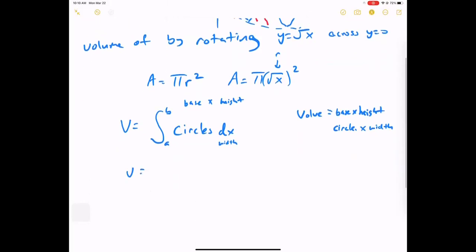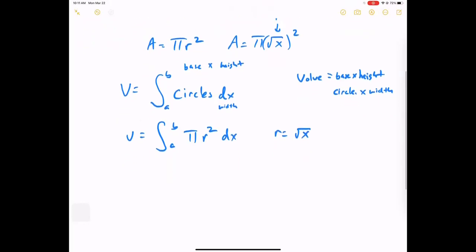Let's go ahead and write it. Volume is equal to the integral from a to b of pi r squared, which are circles, and then dx here. Again, the variables are not the same, so we're going to change r. R in our problem was the square root of x, because that's the distance from the axis of rotation to our edge, our border.